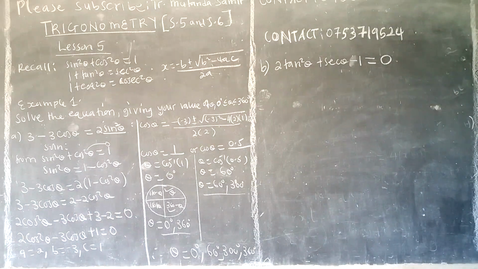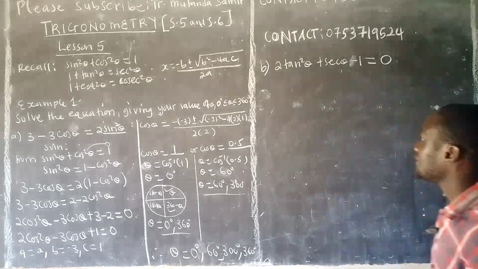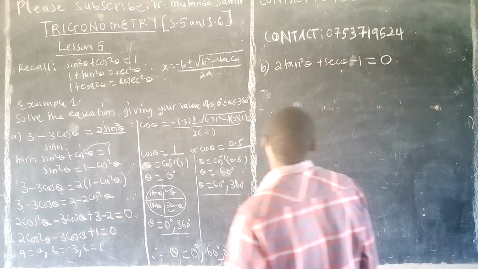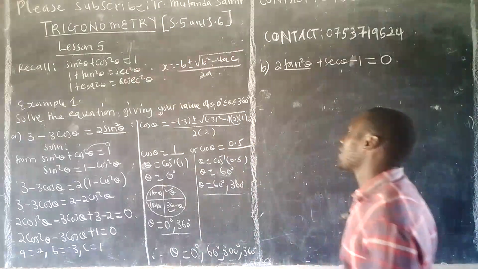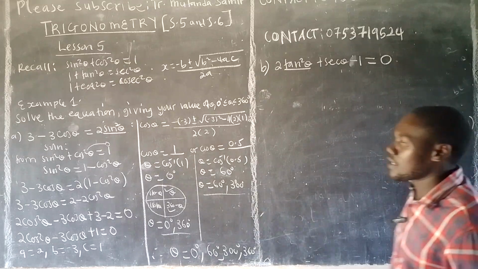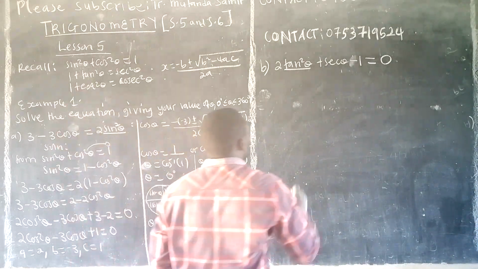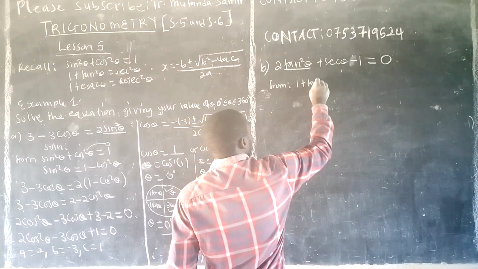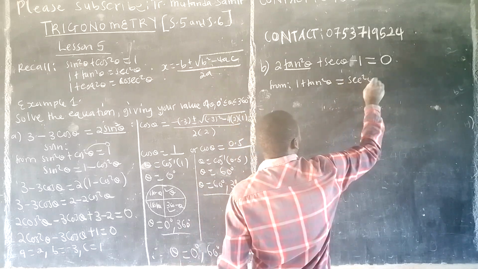As simple as that. Next example, we have 2 tan squared theta plus sec theta minus 1 equals 0. Now here, you look at this: the one with the power 2 is where you pay much attention. The one with the power 2 is tan. So let's see the identity with the tan squared, it is this one: 1 plus tan squared theta equals sec squared theta.